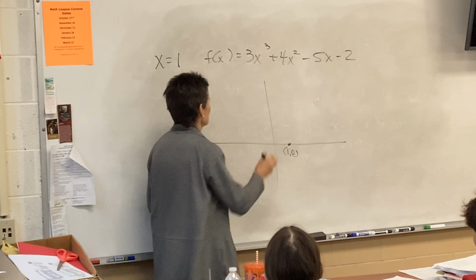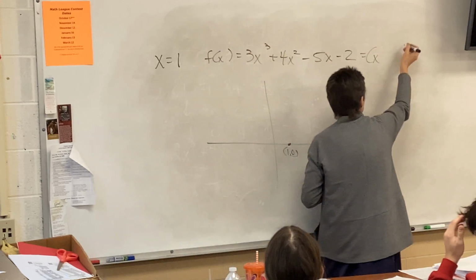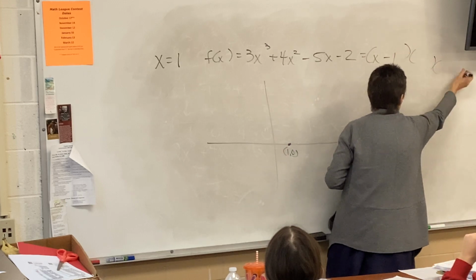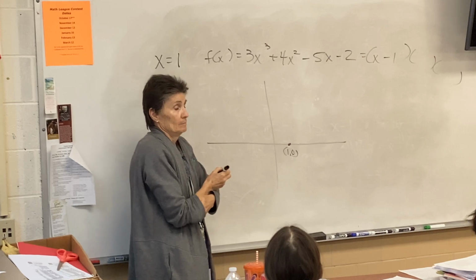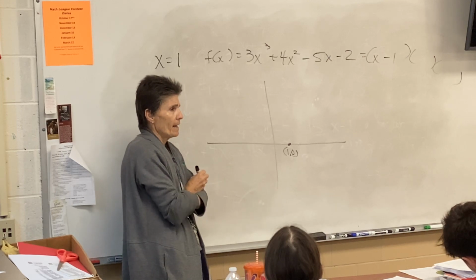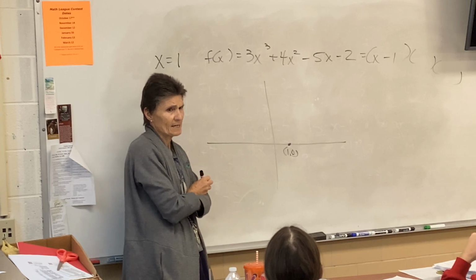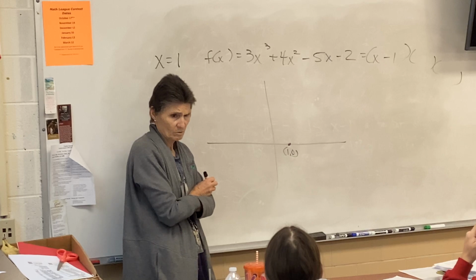What's a factor then? If that's a 0, then one of the factors is x minus 1. And if it's a factor, doesn't that mean it should divide in and give me a remainder of 0?